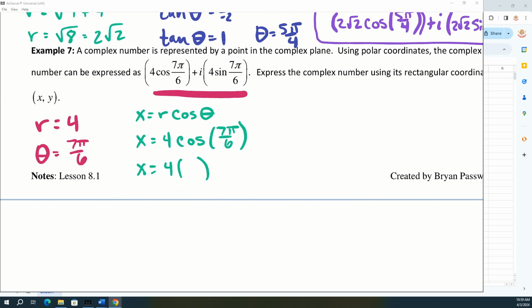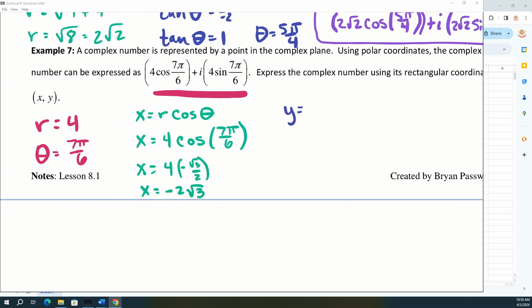You would go to the angle 7 pi over 6. And if we want to find the cosine, which coordinate are we going to use? The x. If we look at 7 pi over 6, the x coordinate is negative square root of 3 over 2. So x is negative 2 square root of 3.